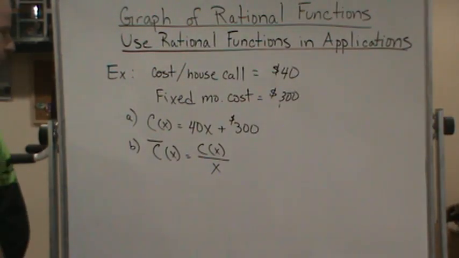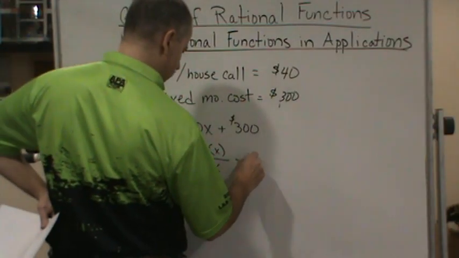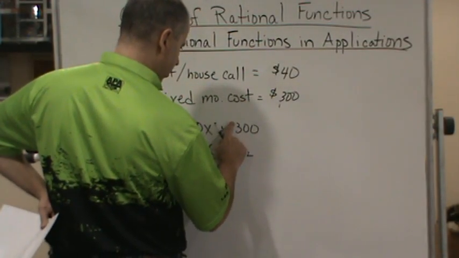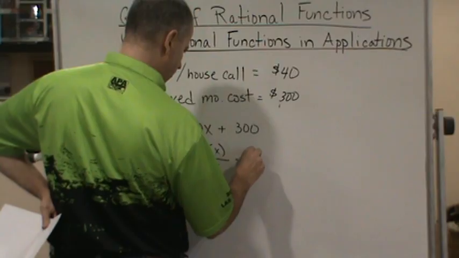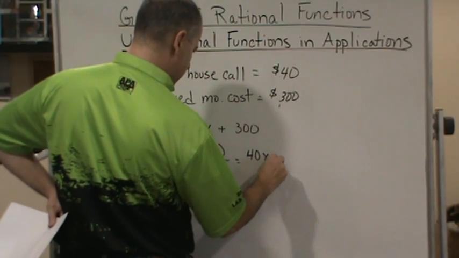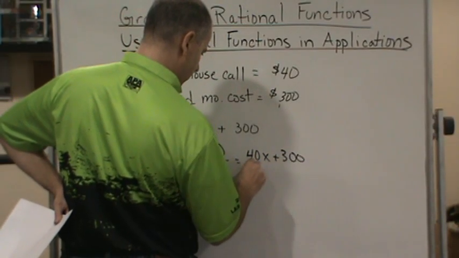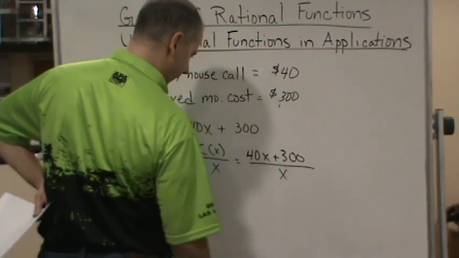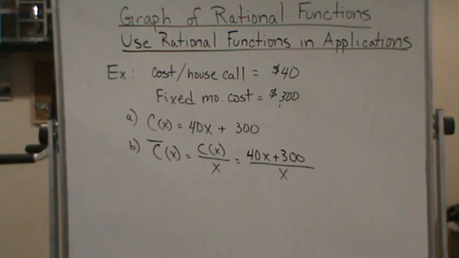So this is going to be equal to 40x plus 300 divided by x. Dollars are assumed. That's going to be our average cost function per month based on X house calls per month.